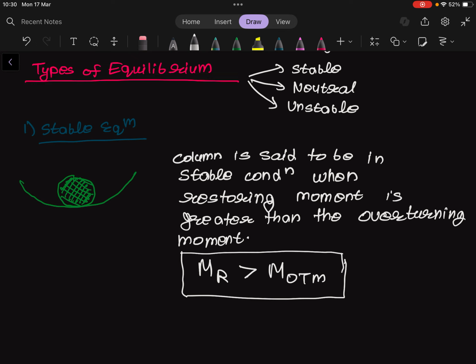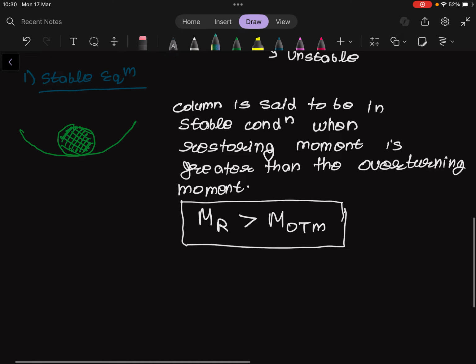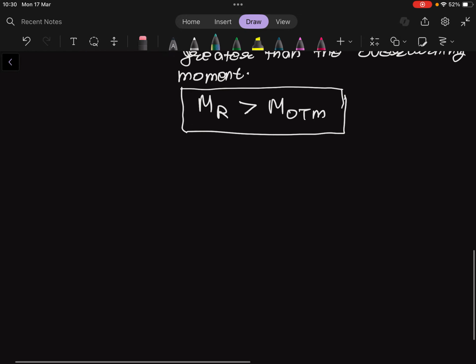Now let's talk about the second equilibrium position, that is neutral equilibrium position. So a column is said to be in neutral condition if the restoring moment is equal to the overturning moment.